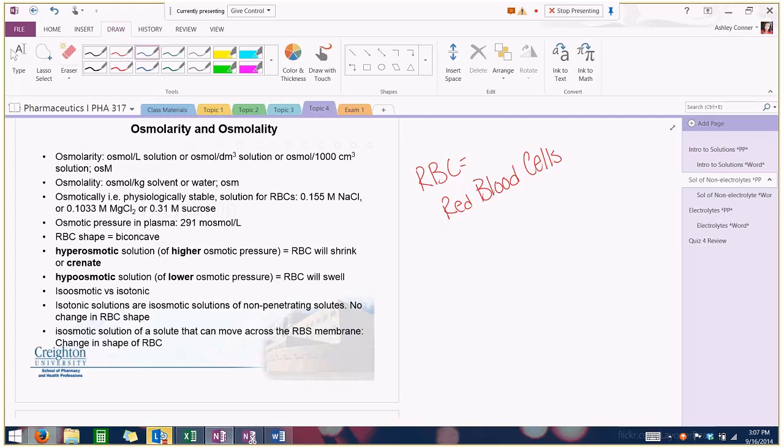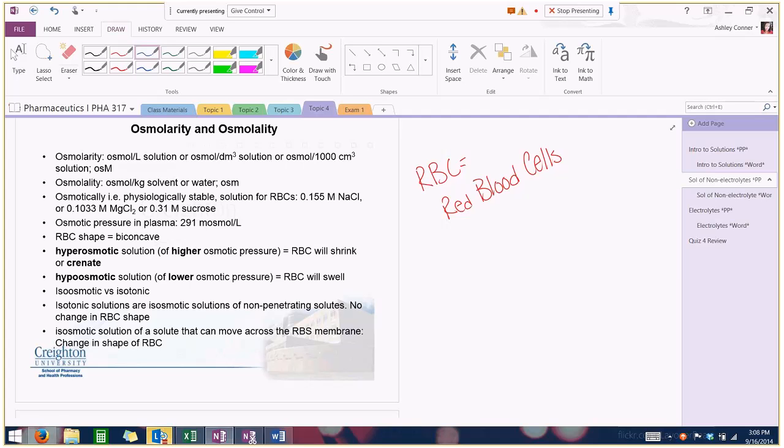So isoosmotic could have the same concentrations of water but different concentrations of ions, which could move across the membrane in the red blood cell and cause it to change shape. So just wanted everybody to know that. I think that's what that means. I haven't looked into it too much, and I'm sure he's going to go back over it. So just remember that isotonic and isoosmotic are not the same, and hypertonic and hyperosmotic are the same, as are hypo.